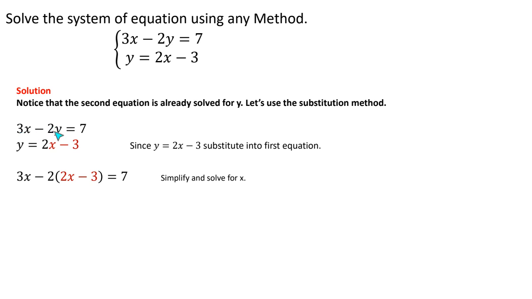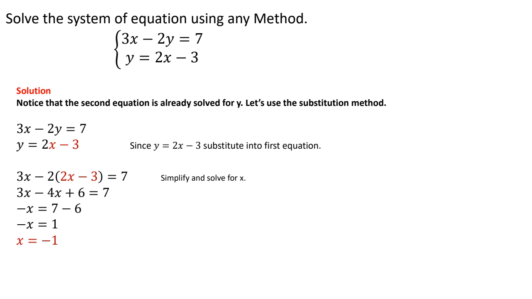So instead of y, we're going to replace it with 2x minus 3. Then we can simplify. So we get negative 4x plus 6 is equal to 7. Gather your like terms. 3x minus 4x is negative x is equal to 7 minus 6. So we get x is equal to negative 1.